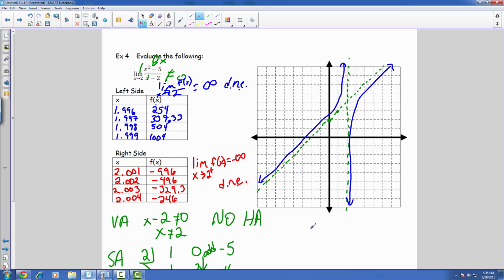And as a result of that, the final answer comes out to be, since there is no common value, then the limit as x approaches 2 of this particular function is DNE.